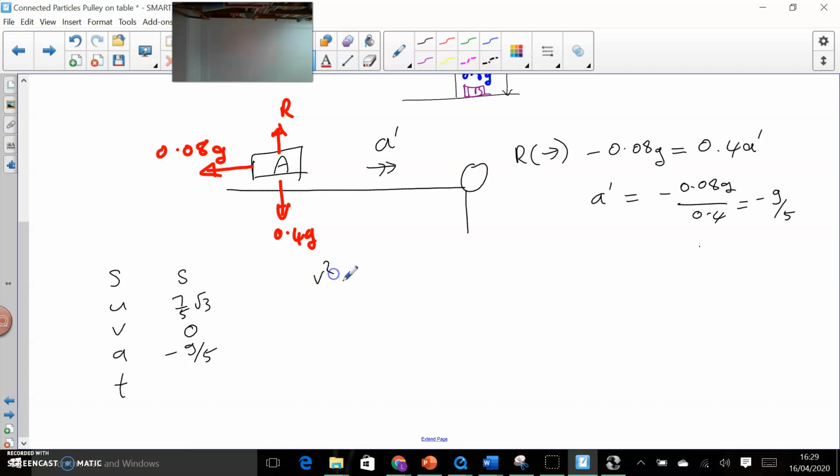So if we're not interested in the time, the equation to use is V squared is U squared plus 2AS.